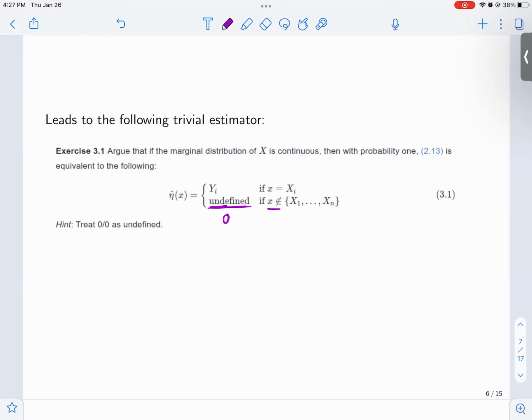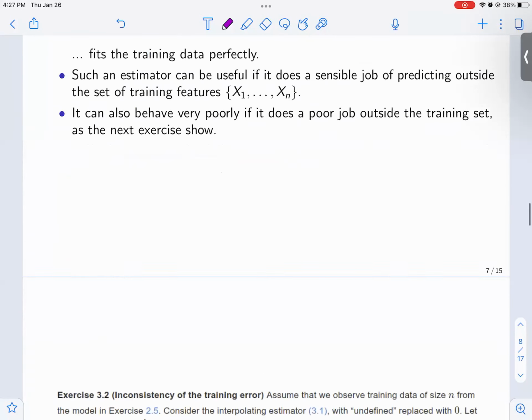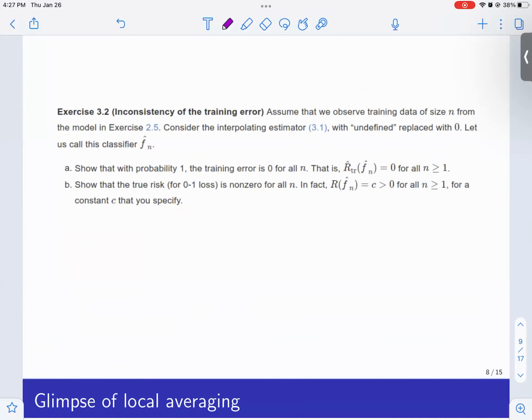Now I have a well-defined estimator: yi if I'm on the training, 0 if I'm outside the training. You can show that the training error is always going to be 0, so a perfect fit to the training data. And then you'd show that the test error, or the risk, the actual generalization error, is going to be a constant.